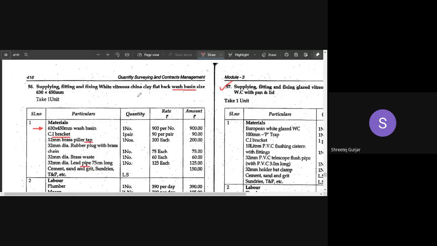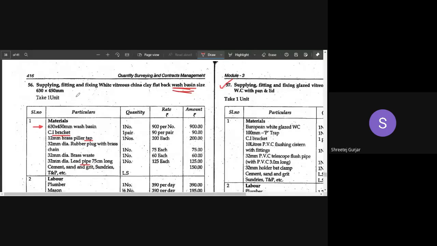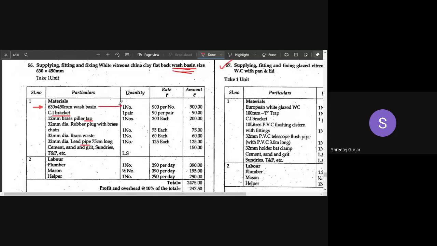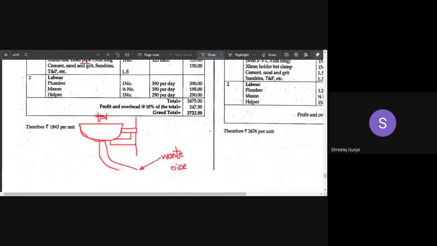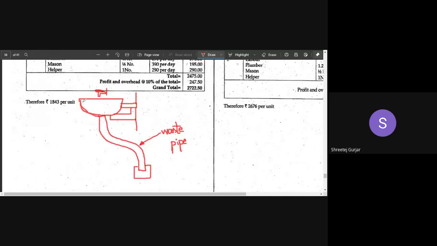Now, after your Indian type water closet, we will learn the rate analysis for a wash basin. We require one wash basin, and one CI bracket to fit this basin onto your wall. This is your wash basin.